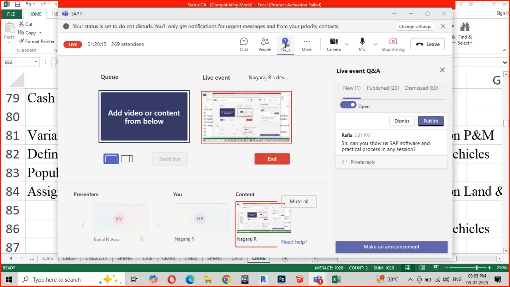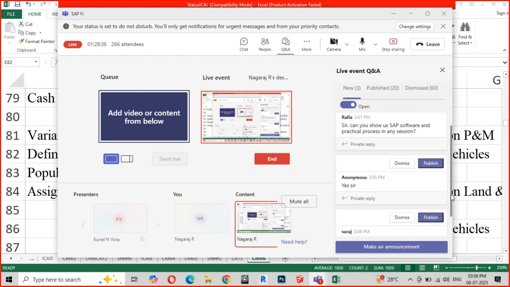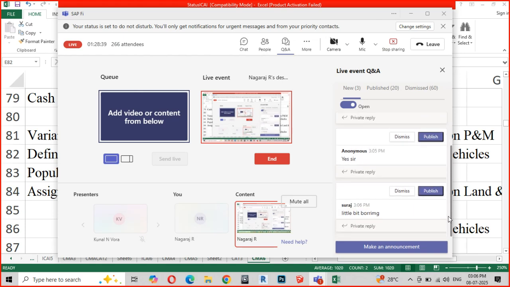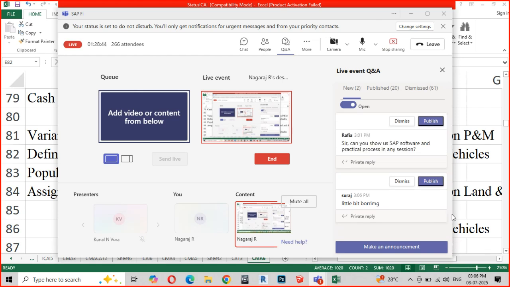Apart from that, how do you feel the sessions are happening? Somebody has said, yes, sir. For what? Is it going good or not going good, interesting, difficult, a little bit boring? Interesting. Okay.